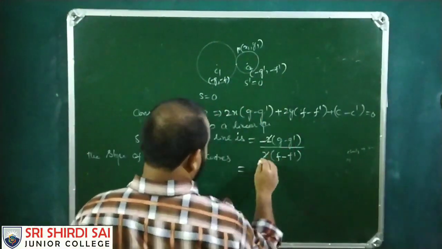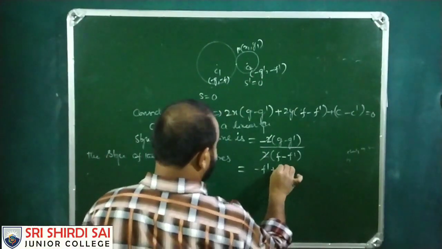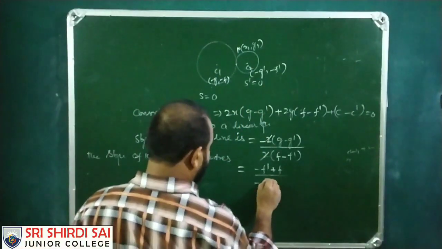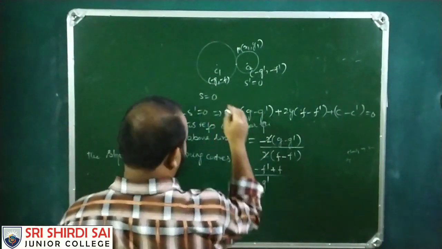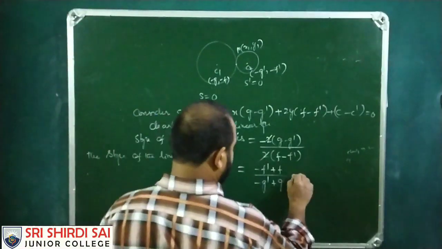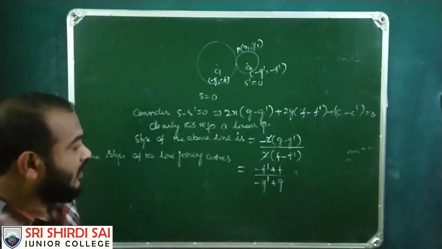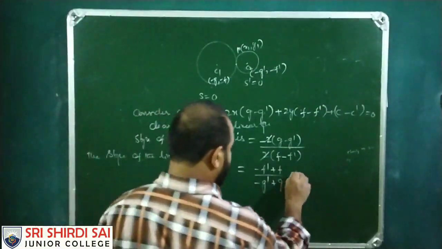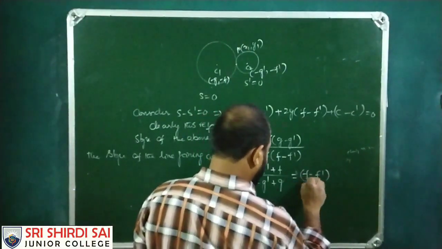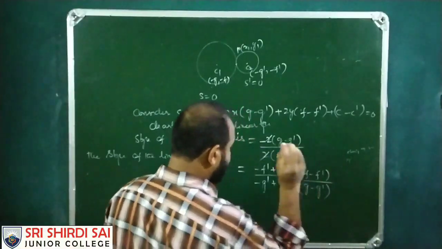So this is minus f dash plus f by minus g dash plus g, which is f minus f dash by g minus g dash.